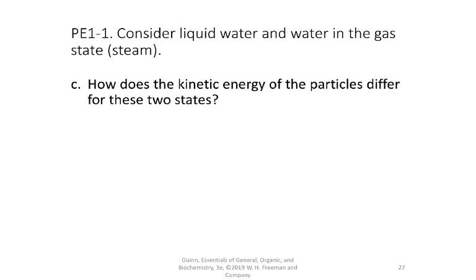Part C. If I'm going too fast, remember you have control. You can go back or slow down, reread it, and go at your own pace. Okay? Part C. How does the kinetic energy of the particles differ for these two states? Remember that kinetic energy is the energy of motion, and particle motion.